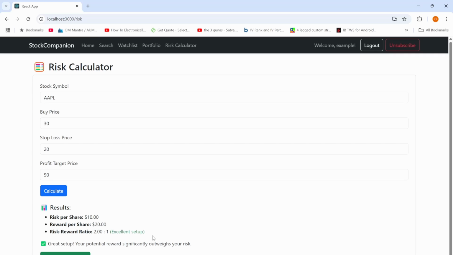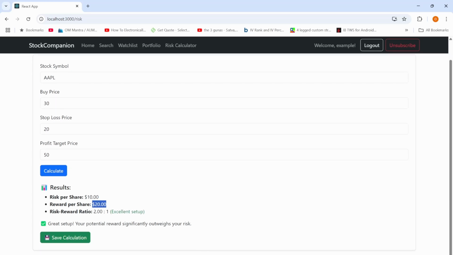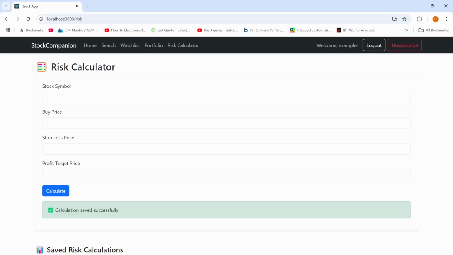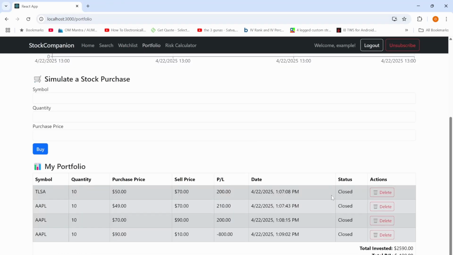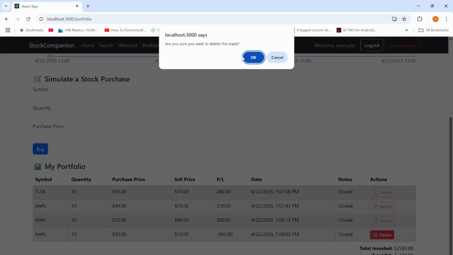And here we have a favorable risk reward ratio. It's a 2-to-1 risk reward ratio. For every $10 we lose, we make $20 if it goes our way. So we could save this risk reward, and we could also remove it. We can also remove trades if we wish to.